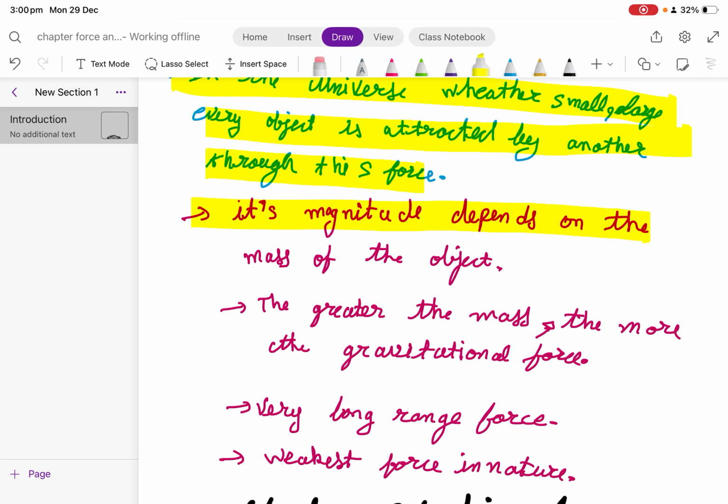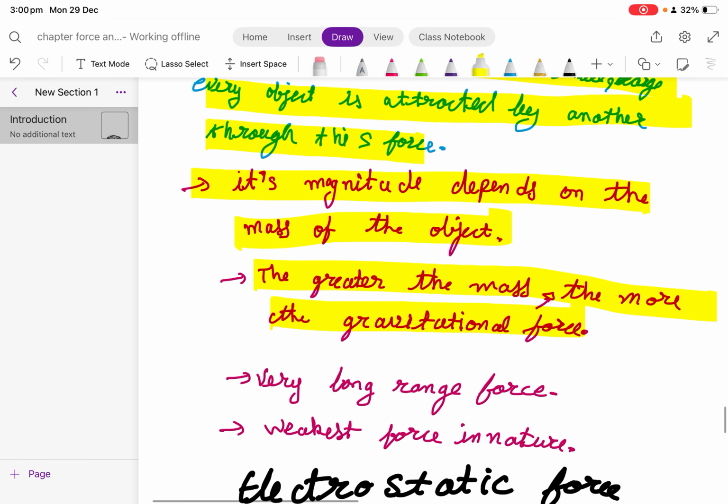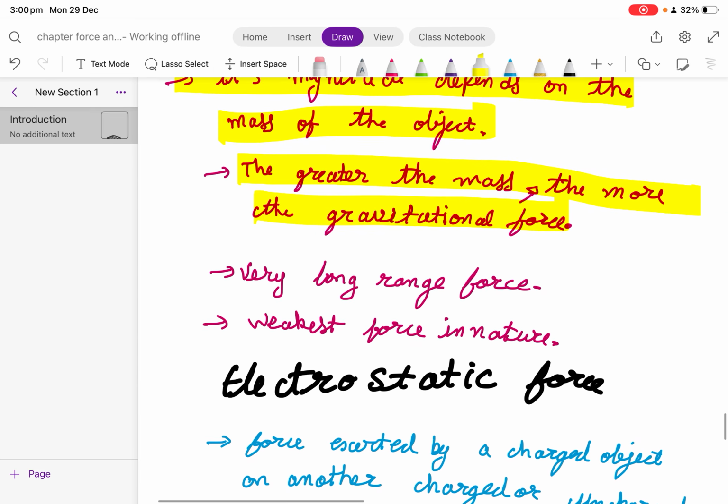Its magnitude depends on the mass of the object. The greater the mass, the more the gravitational force, and the lesser the mass, the less the gravitational force acting upon another object. It is a very long range force, and the weakest force in nature.